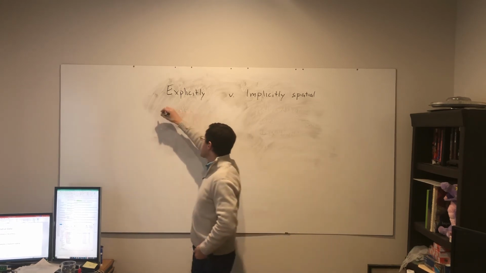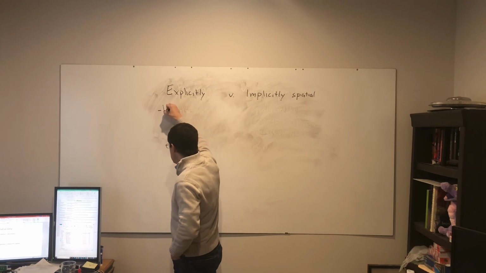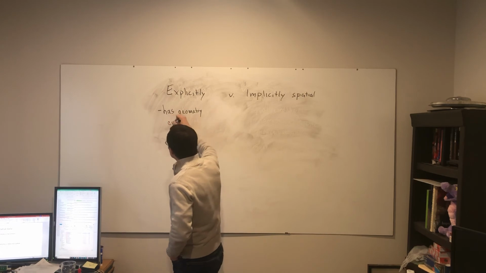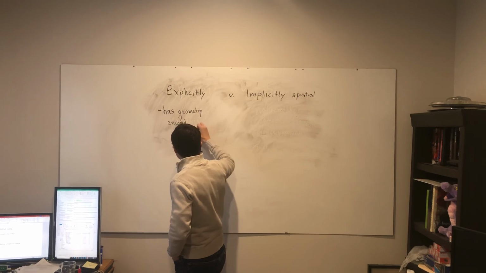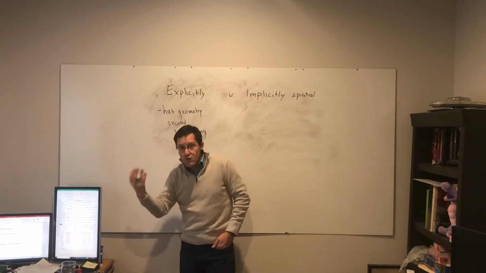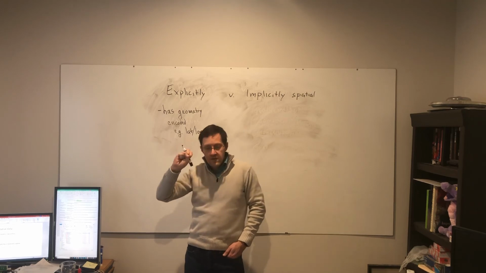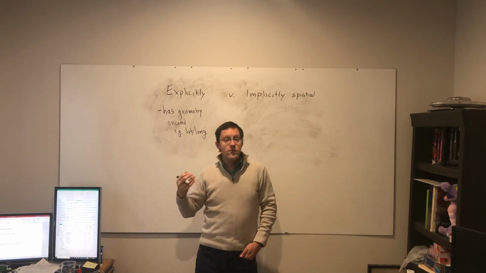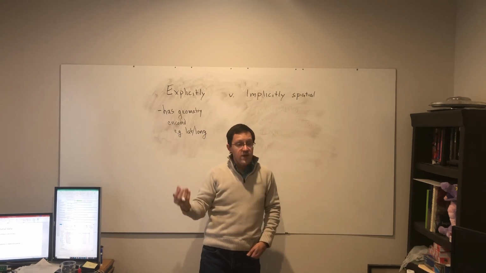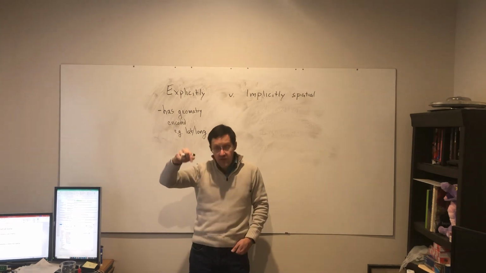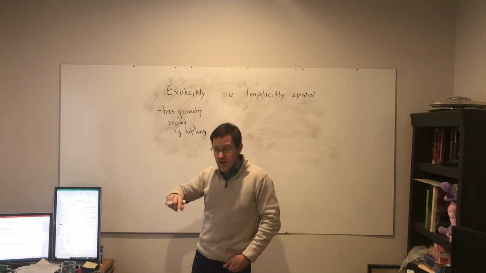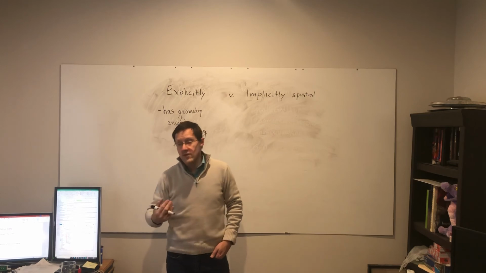If it is explicit, the location of the data is directly, specifically within that data set. So you may have latitude, longitude coordinates or UTM coordinates to say this bird nest is at this specific location. On the other hand, we can often work with implicitly spatial data.